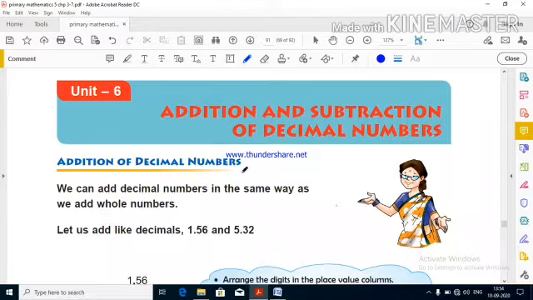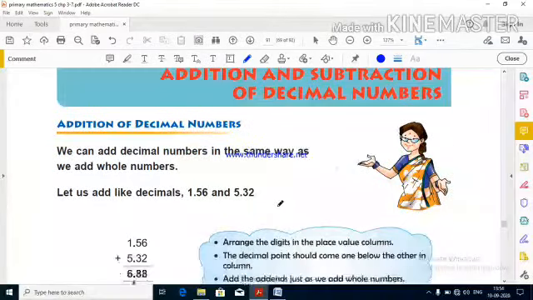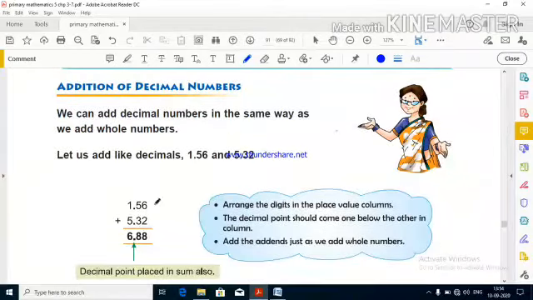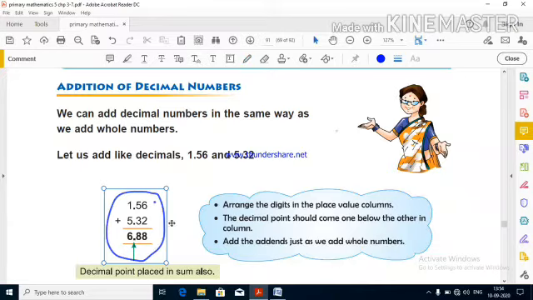In addition of decimal numbers, we can add decimal numbers in the form of the column method. In the column method, we have to arrange the numbers in columns. Okay, after that we have to subtract or add.